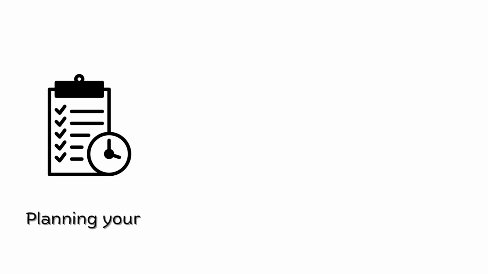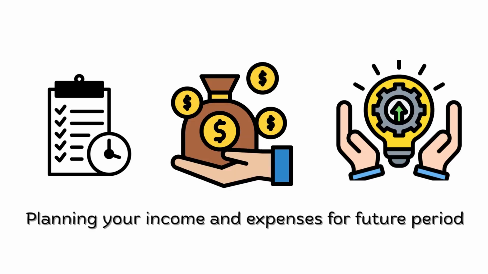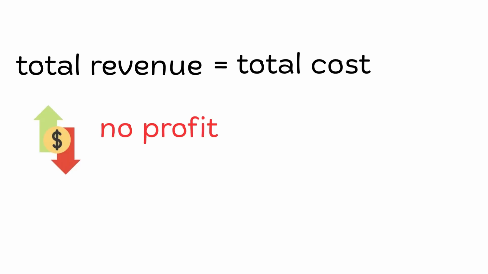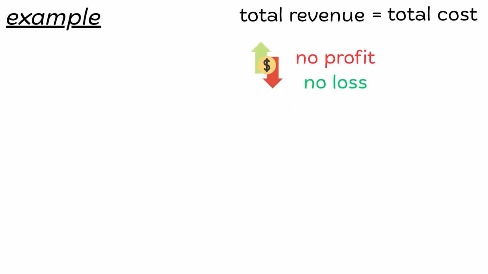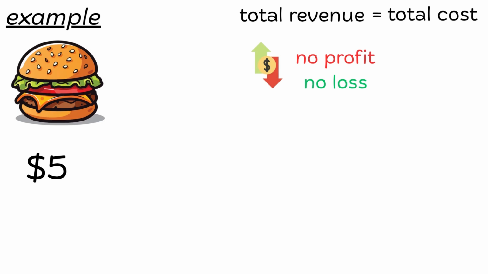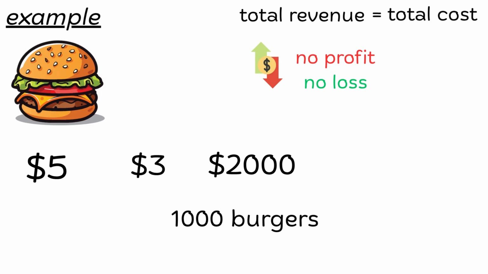Planning your income and expenses for future periods is known as budgeting. 48. Break-even point. When total revenue equals total cost, so in the condition of no profit, no loss. For example, you sell burgers for $5 and it costs you $3 each to make, and you spent $2,000 on setup, so you need to sell 1,000 burgers just to break even.